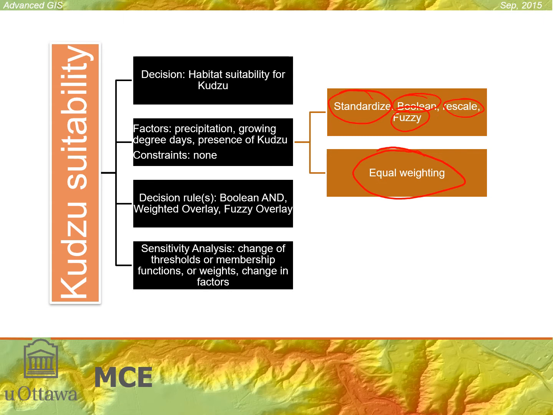Now, once we've done the standardization of the factors, we then decide what decision rules to use. We'll have 3 decision rules. One will be Boolean and, for the Boolean case, a weighted overlay for the rescaling case, and a fuzzy overlay for the fuzzification of fuzzy variables to create an overall likelihood.